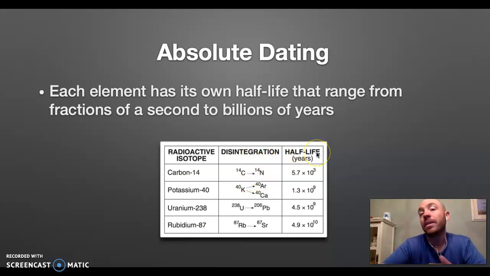You don't necessarily break back down into carbon; you disintegrate into something else. So carbon 14 disintegrates into nitrogen 14, and the half-life is 5.7 times 10 to the third years, or 5,700 years. So these are your half-lives.